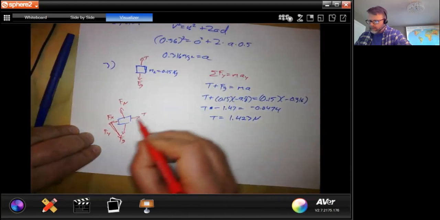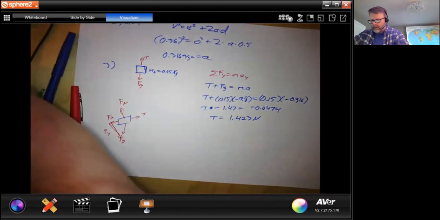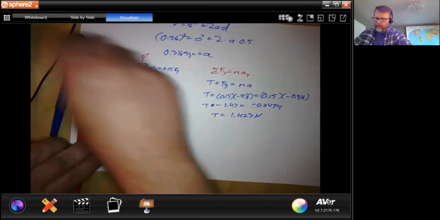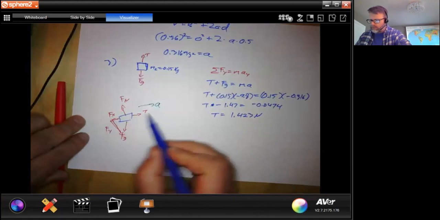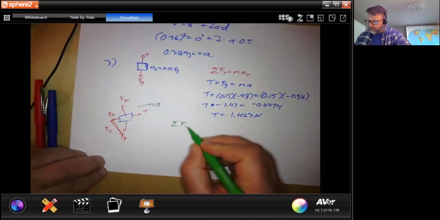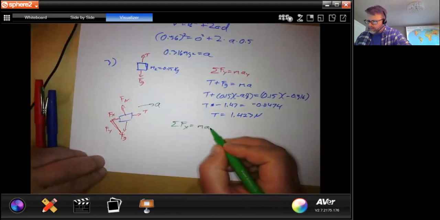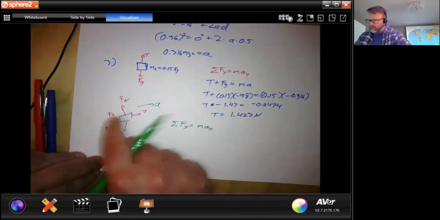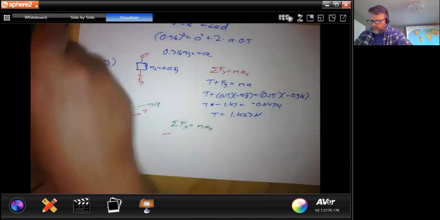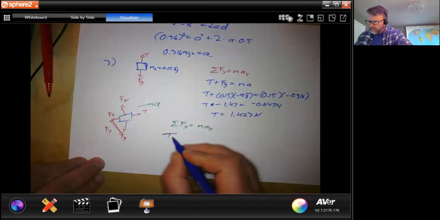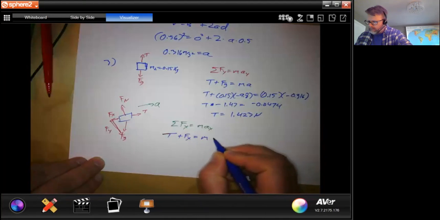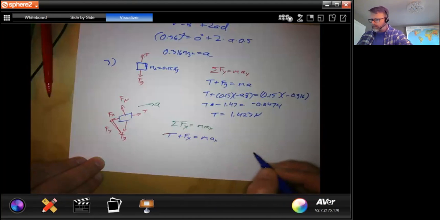We're not really concerned about that because this whole thing is moving in this direction. It's accelerating that way. So that's where we want to focus our forces when we do sum of the forces in the x equals mass times acceleration in the x. We're looking at this direction, which means tension plus f of x is going to equal mass times acceleration in the x.